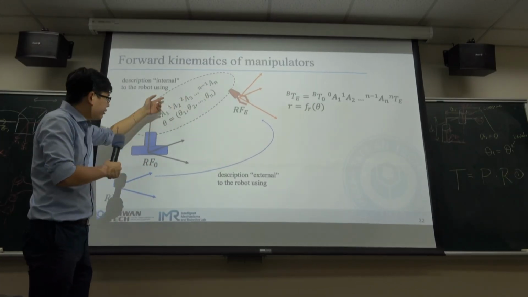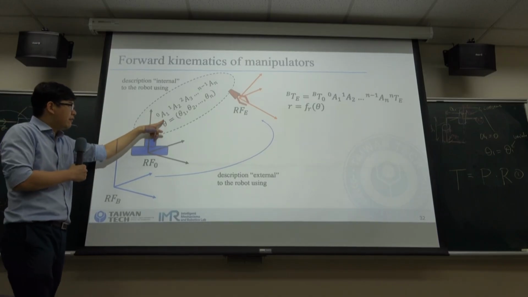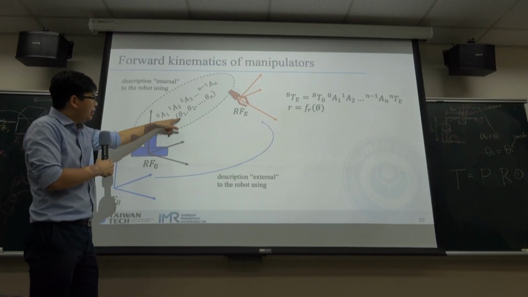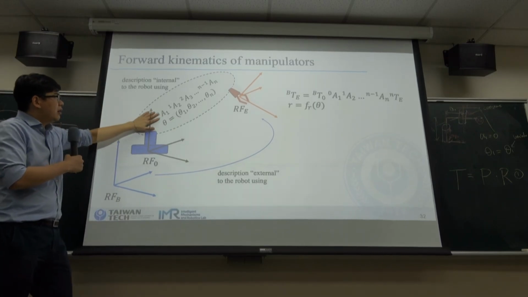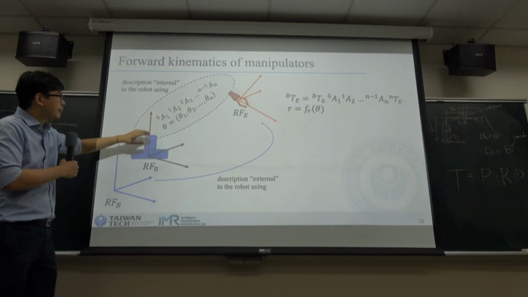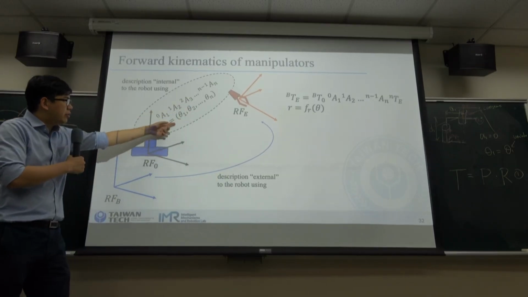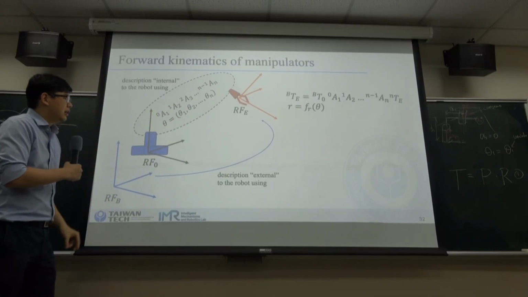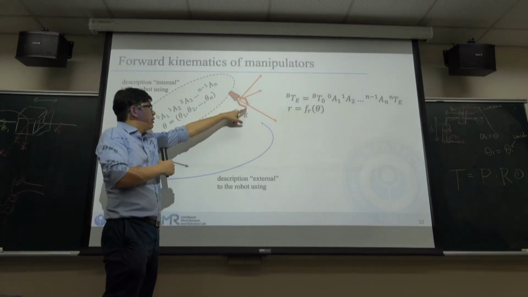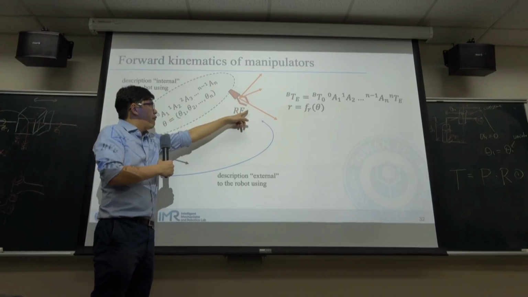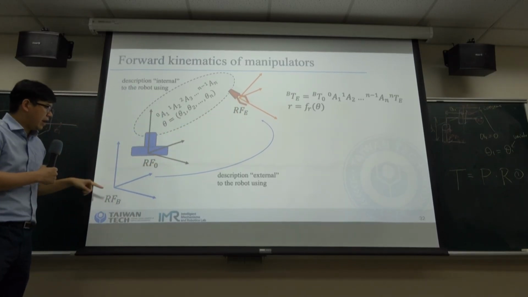So the A is also used as T, the transformation matrix, and the inputs are theta 1, theta 2, up to theta n. So we will have all these transformation matrices and we have the input data. By these two, we can get the configuration of the end effector frame based on the base frame.